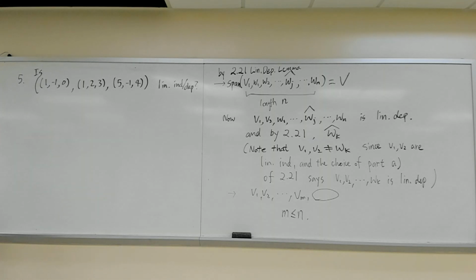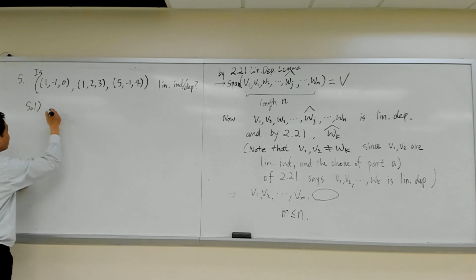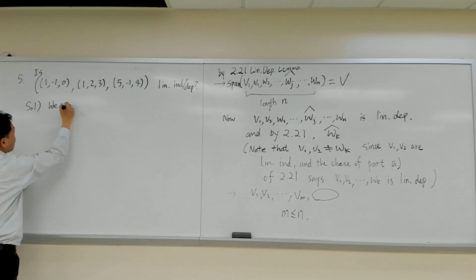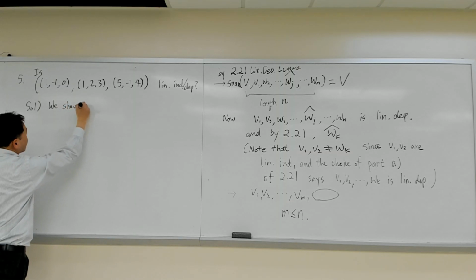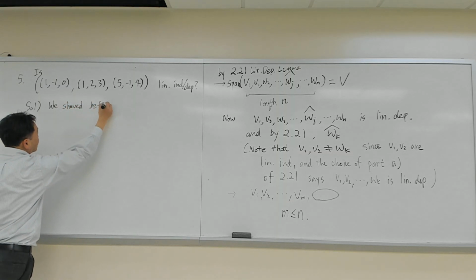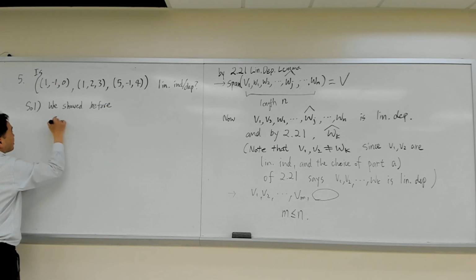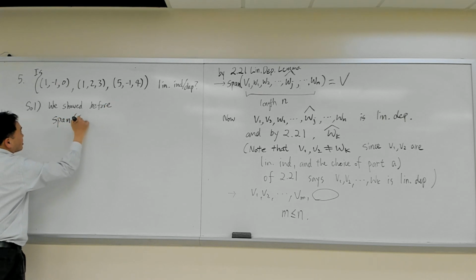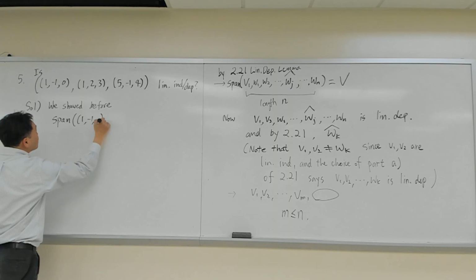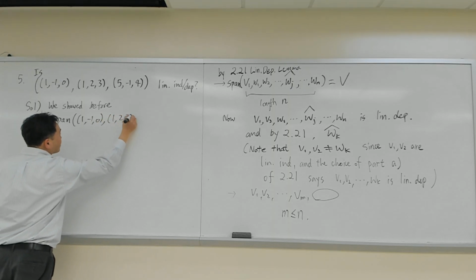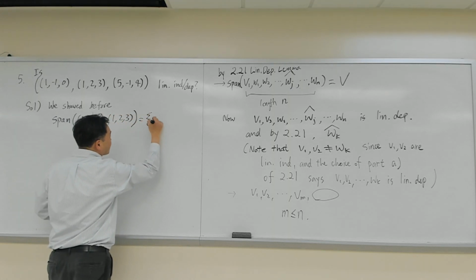Well, we had a previous question that we solved, right? So the solution using that is that we know we showed before that the span of 1, negative 1, 0, 1, 2, 3 is equal to this hyperplane.